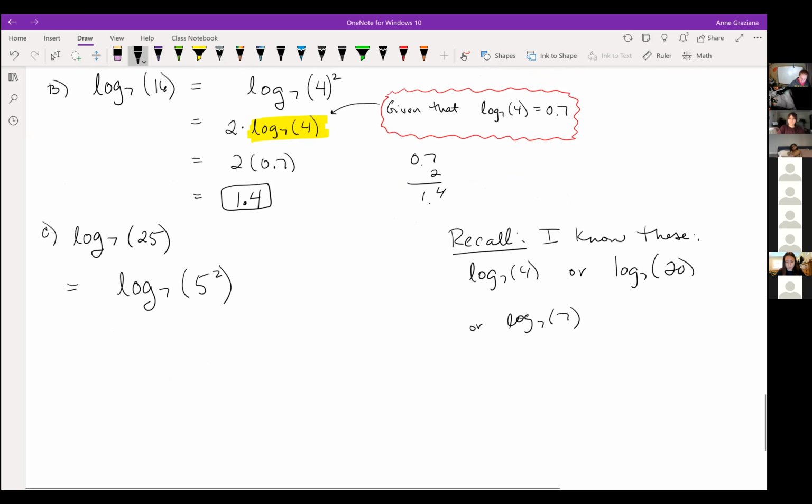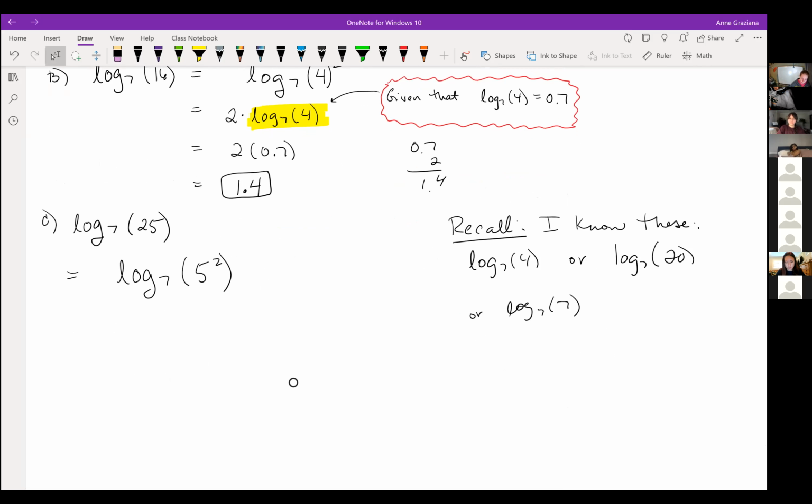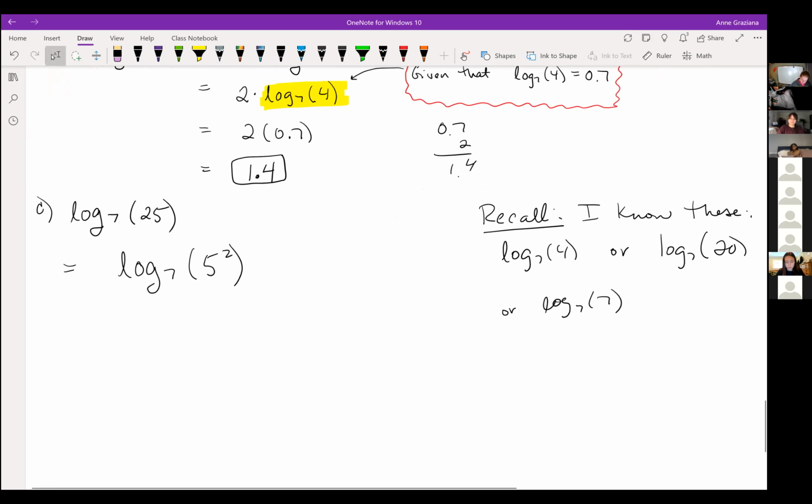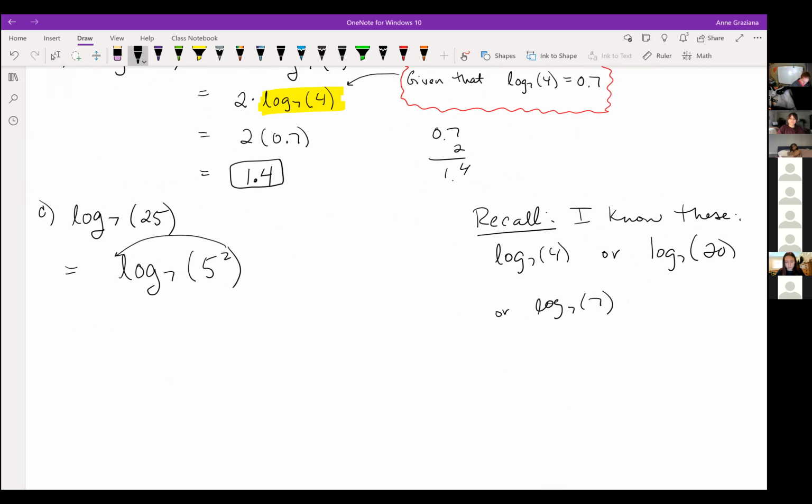Okay. So when I do this, I can bring this down, and this is 2 times log base 7 of 5. Now 5 is not any of this other stuff, but can I use something with 20 and 4 or 7 to get 5? Is there a way to go from those to 5?